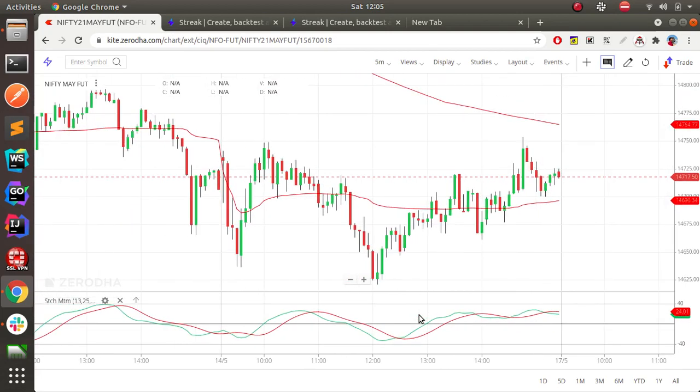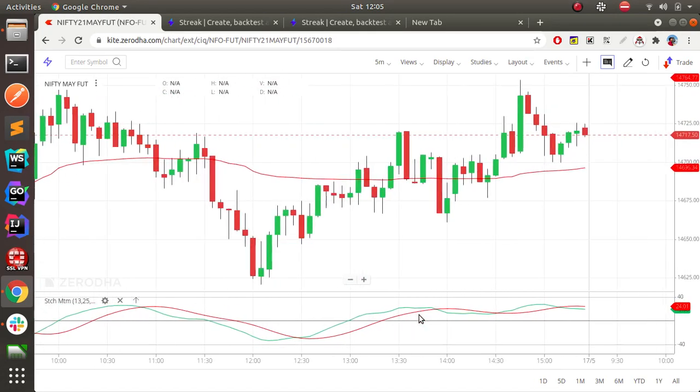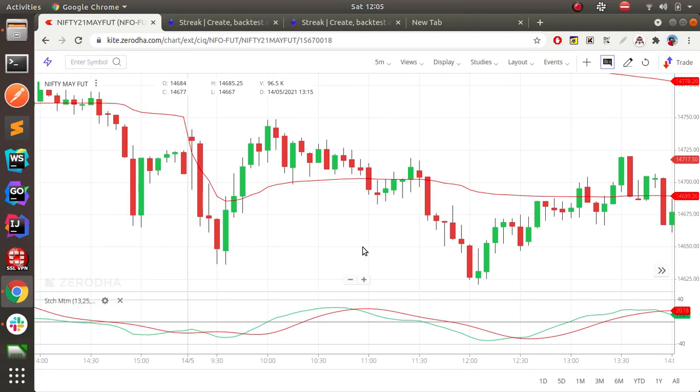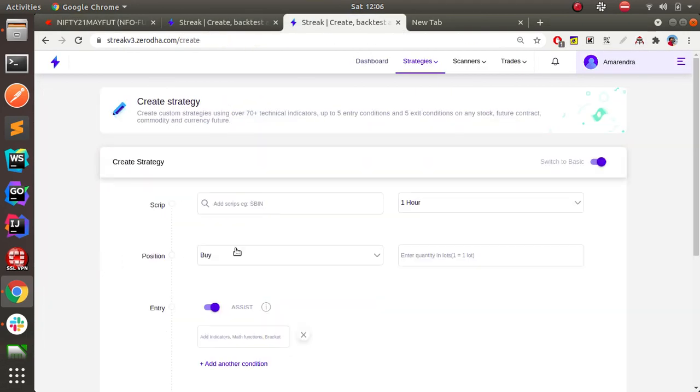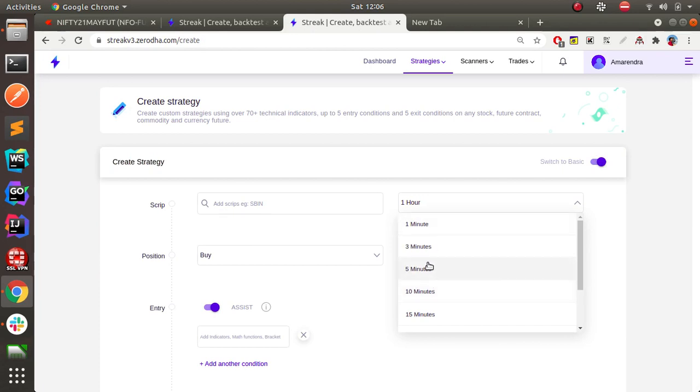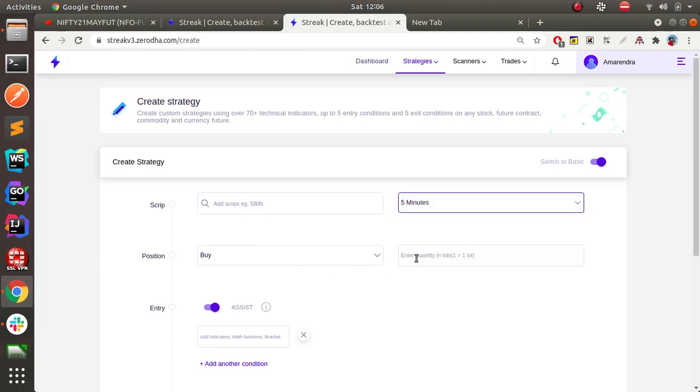So let us go to algorithms and see how we can do trading using an algorithm. Let us take a 5 minute candle. Since we are going to buy, we can give the number of lots here. For example, I'm giving 4 lots.